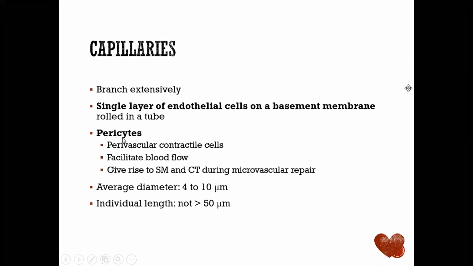So they produce not only themselves but also give rise to smooth muscle and your connective tissue if there is an injury that occurs in the area of your capillaries. The average diameter is 4 to 10 micrometers and the individual length is not more than 50 micrometers. Not more than 50.